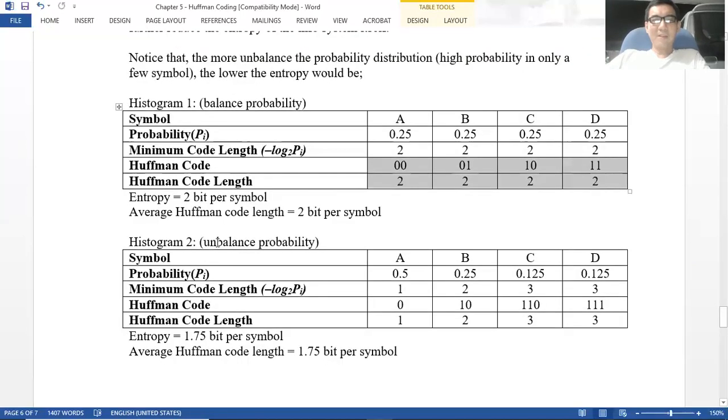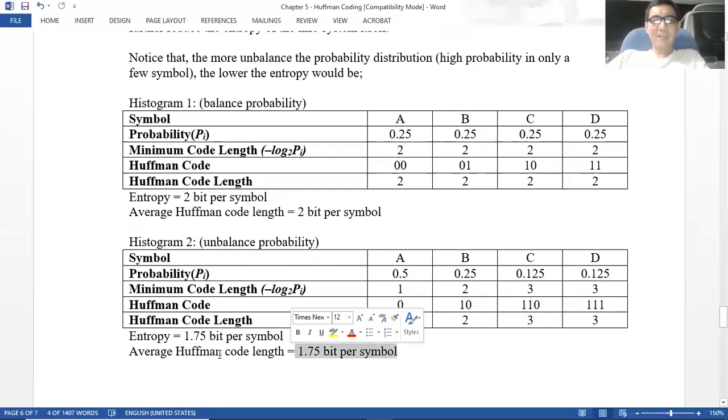But if you have unbalanced probability, for example, A is more frequent than B and so on, then if you calculate the entropy, you get 1.75. And true enough, if you go for Huffman code, you can practically achieve something like 1.75 as well.